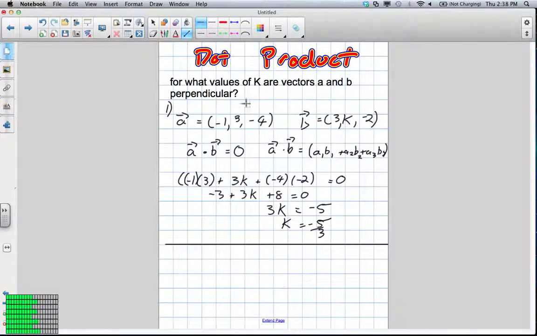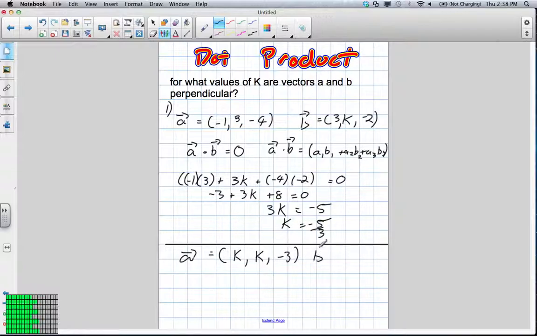Exact same idea, but in this question, vector A has a different value: m, and, whoops, we said k in our question, so k, and -3.